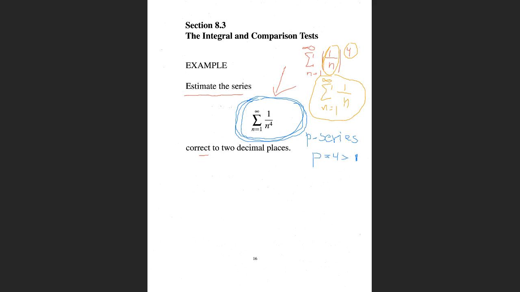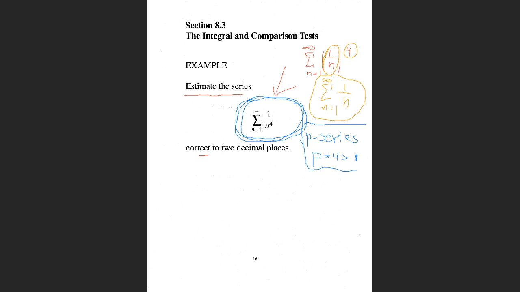A geometric series, if your common ratio is greater than 1, diverges. But a p series, which is a totally different series than a geometric series, will converge if p is greater than 1. So this series is going to converge.